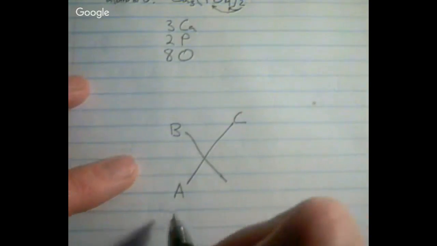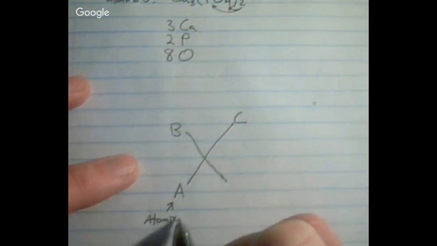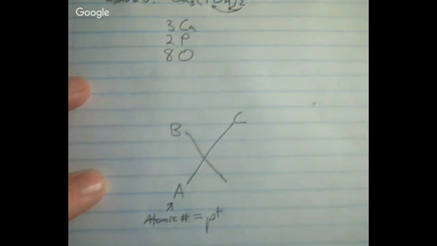I like ABC because A fits well with atomic number, which is the number of protons, which tells you the element. Okay, however many protons you have, that is the element.